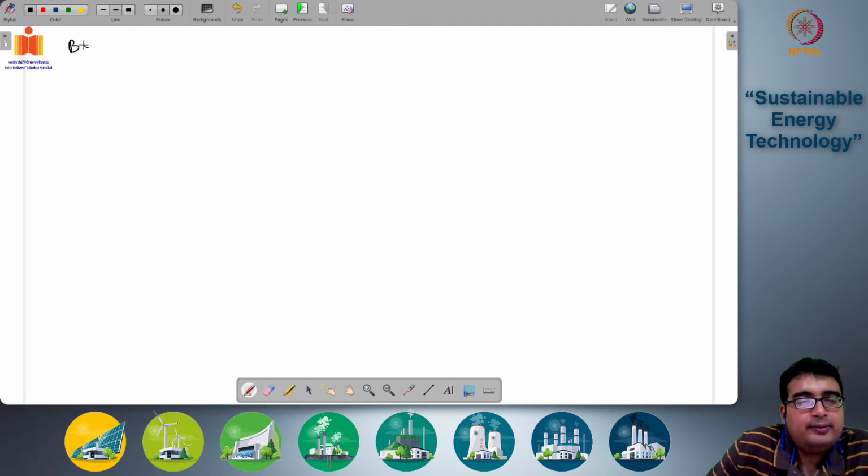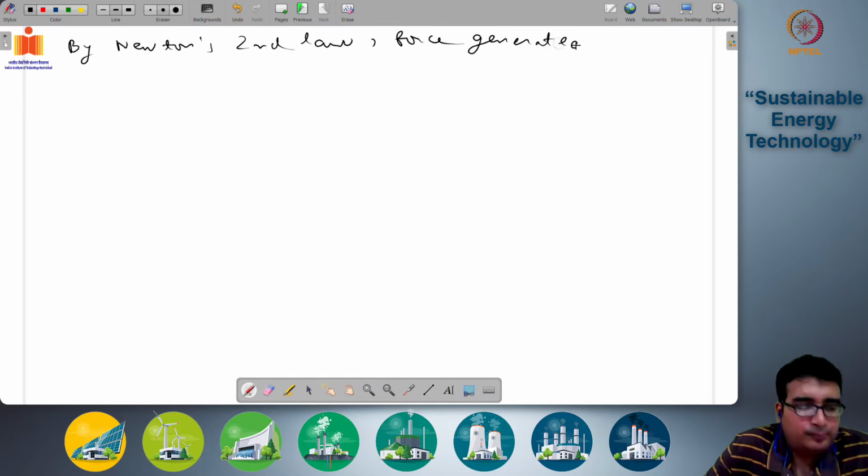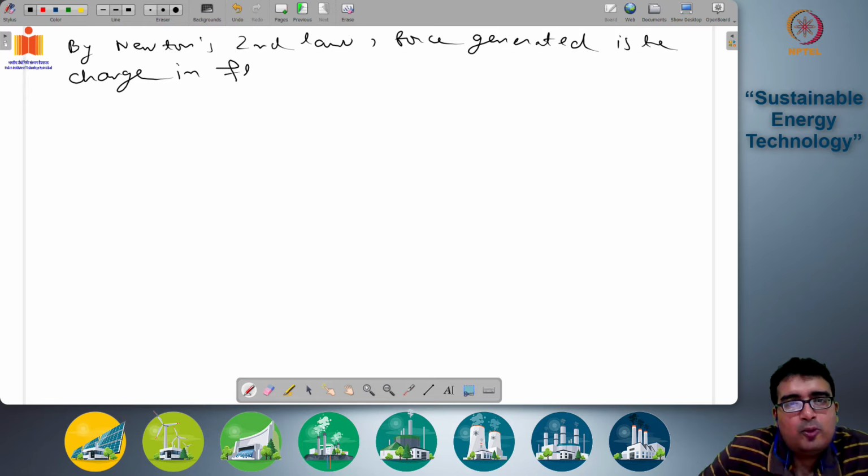So by Newton's second law, force generated is the change in flow momentum with time.